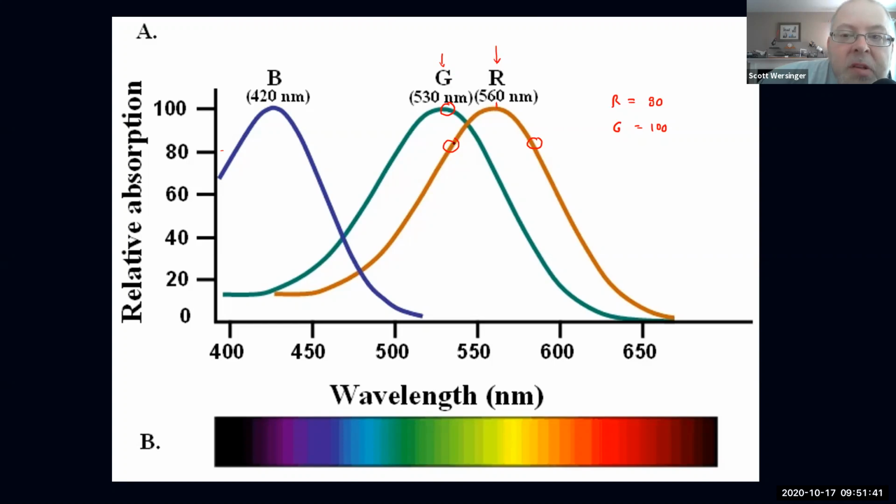All right, so if I'm looking at light and I have 80% red and 100% of green, well, 80% could be this or this, except my green has to be 100. There's only one place where my green is at 100 and my red is at 80. Over here, my green is what? 20. Okay, so if we have 80 and 100, it can only be one wavelength of light. So I'm looking at something here in the green.